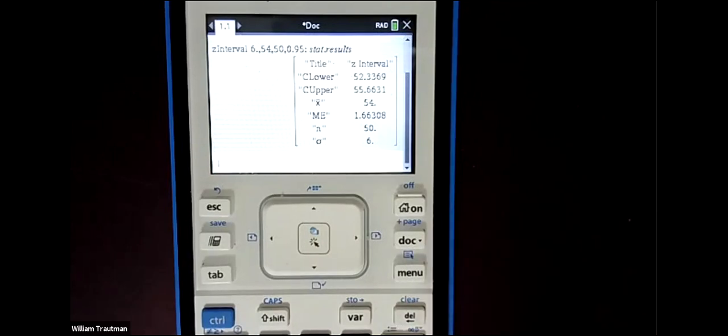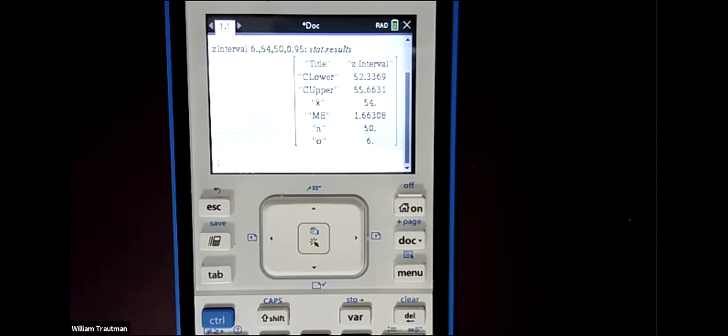My confidence interval is 52.3 and 55.66, which is 55.7. The lower and the upper limit are right here. This is the confidence interval, 52.3 and 55.7, if you round it to 1 decimal place.